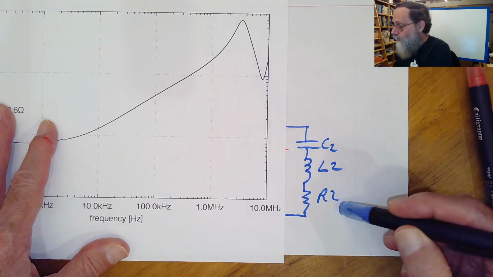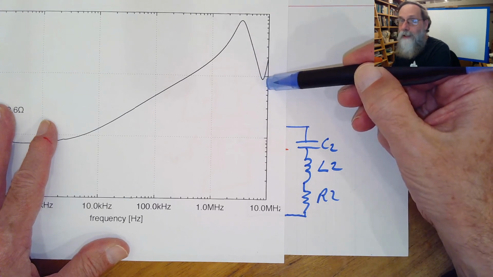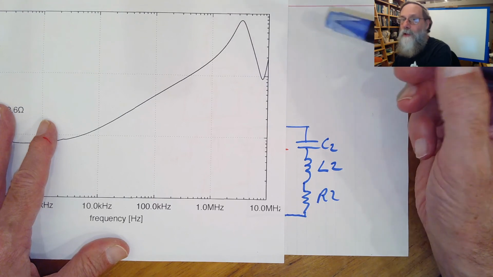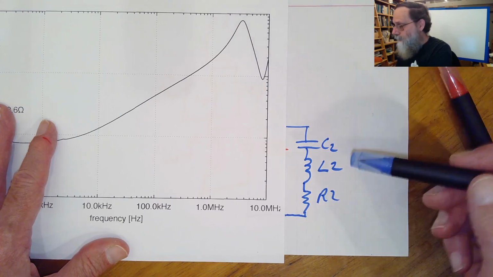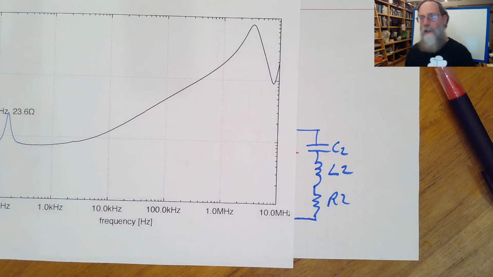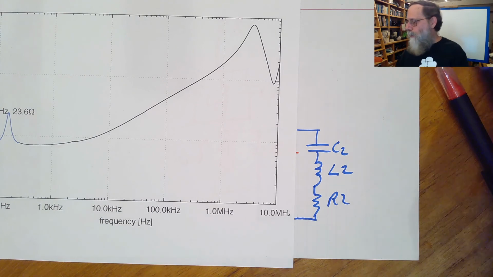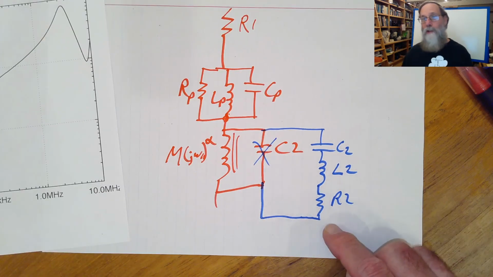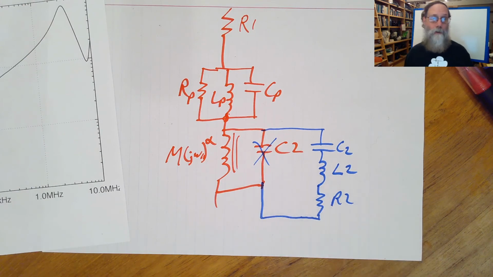We can set R2 so that the minimum is at the depth that we're seeing here, and then the C2 and L2, we can trade off how much C2 there is and how much L2 there is to change the shape of the curve a little bit there. So it doesn't require a lot more complexity to our model to try and model that extra high frequency stuff. So let's see if we can get up a model of that.